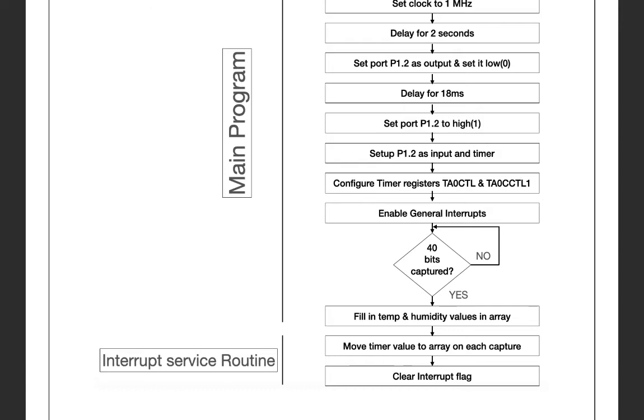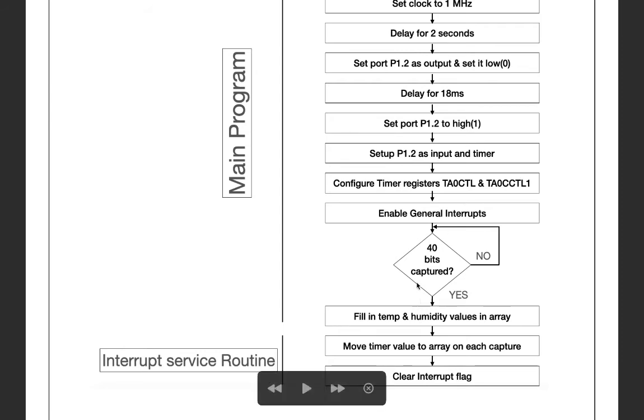From the time period we will decide whether it is a high bit or a low bit, as we discussed earlier. According to the definition, we will set in the program that if the duration is more than 110 microseconds, it was a high bit, otherwise it is a low bit.